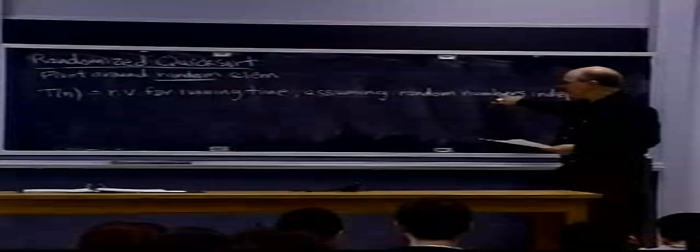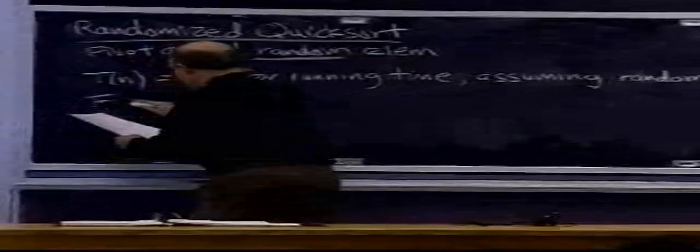Okay, so this is going to be our random variable T(n), the running time on n elements. And what we're going to do is define a set of auxiliary random variables.